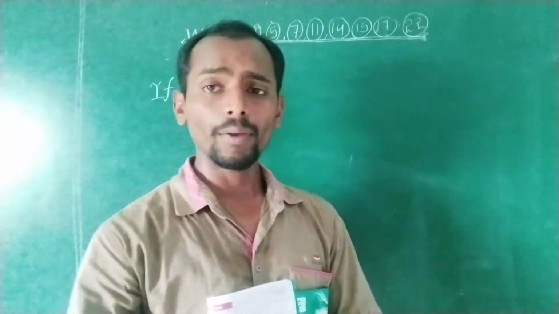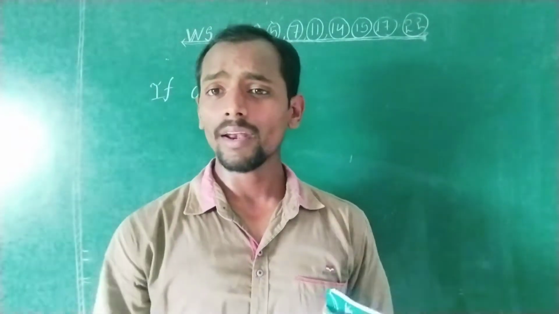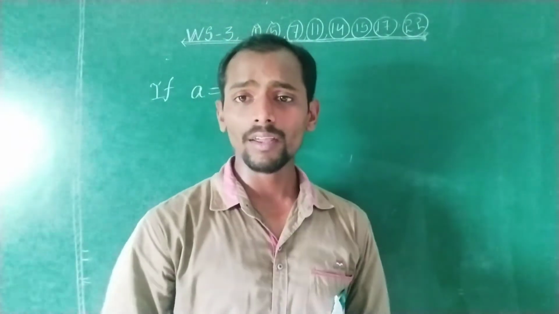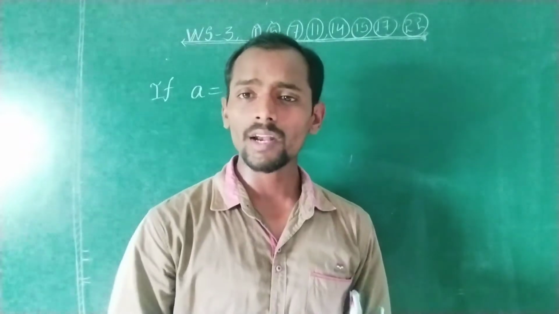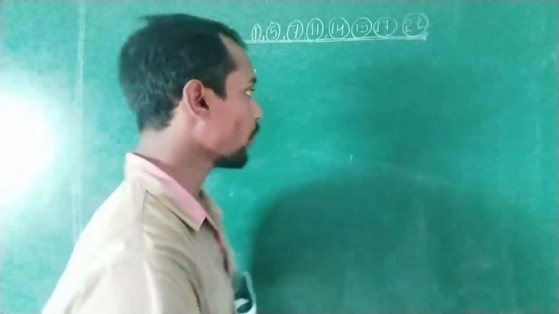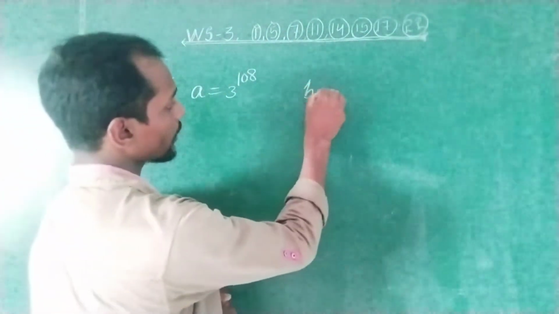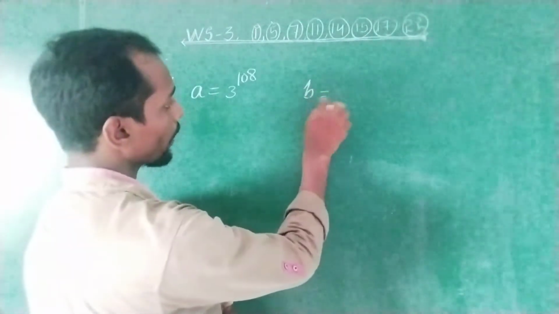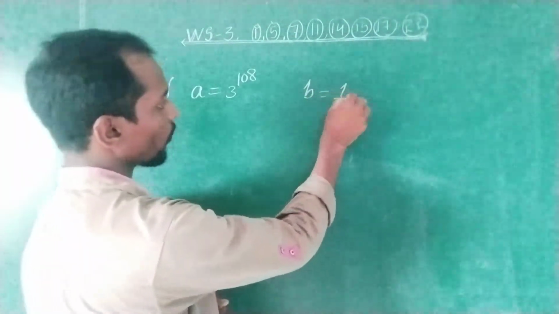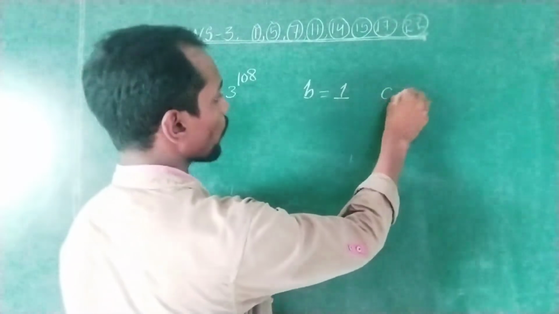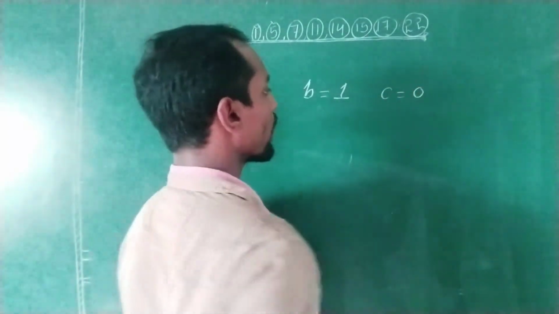As we well know, B is the multiplicative identity and C is the additive identity here. The multiplicative identity is 1 and the additive identity is 0. So the value of B is given indirectly: the multiplicative identity, that is 1. So C equals 0, the additive identity.